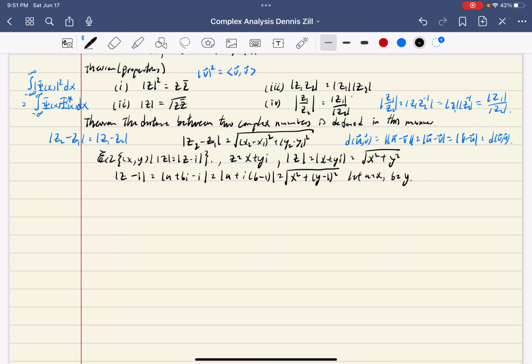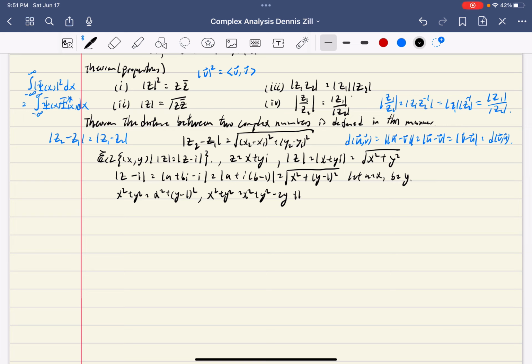Now if you square both sides, x squared plus y squared is equal to x squared plus y squared, and y minus 1 squared. If you multiply out, x squared plus y squared minus 2y plus 1. And you want to solve this equation.